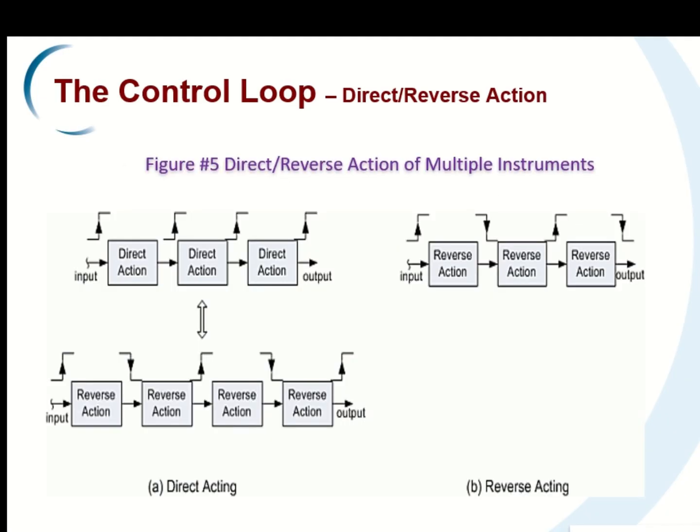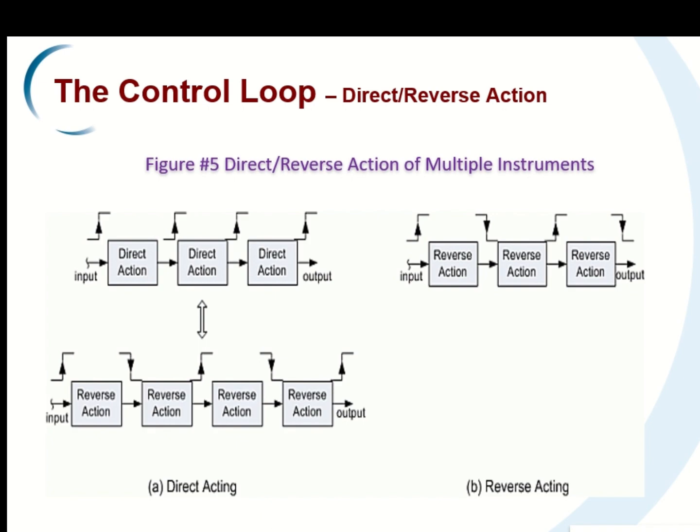So you can see this is a direct or reverse action on the multiple instrumentation, where direct in the first ones, reverse, and reverse action. So they are direct acting, where we can see multiple instruments are being changed.